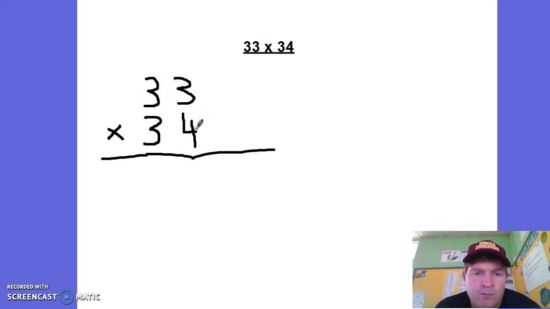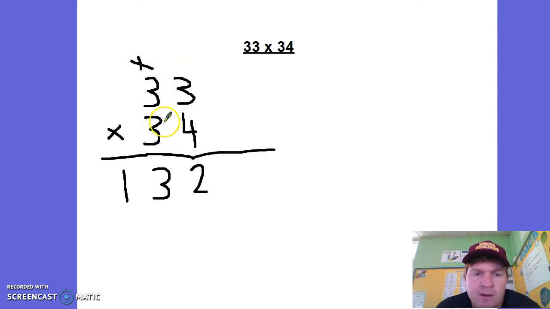So let's start. 4 1s multiplied by 3 1s equals 12 1s. 12 1s can be renamed as 2 1s and 1 10. 4 1s multiplied by 3 10s is 12 10s, plus an extra 1 is 13 10s, which I can rename as 3 10s and 100. Very important that we cross off our 1, because we don't want to get confused down the track.